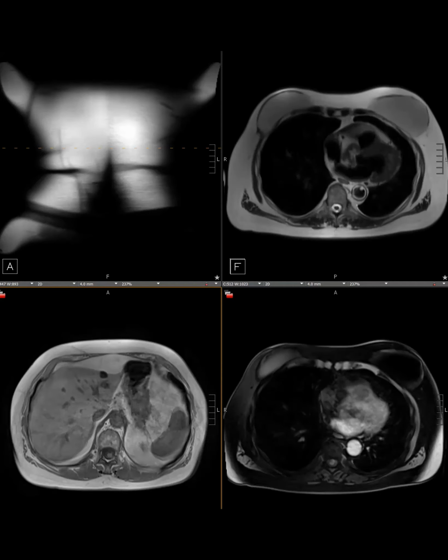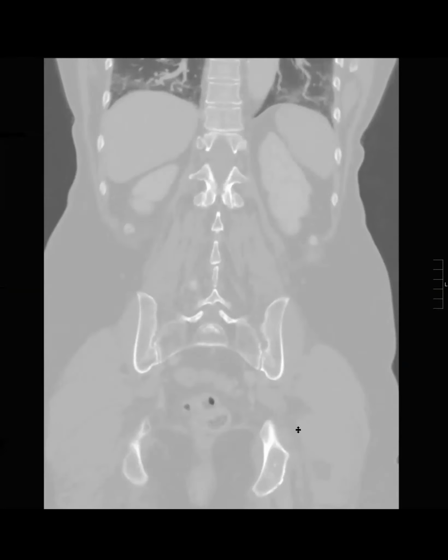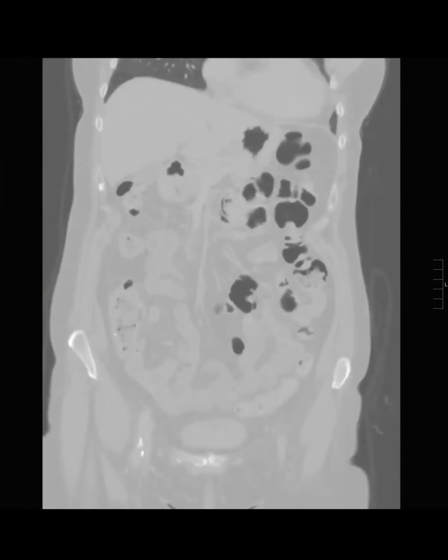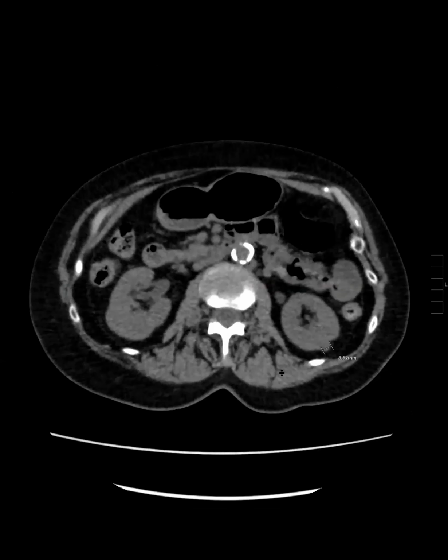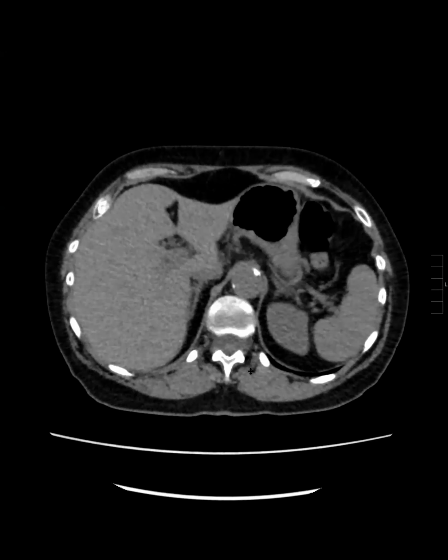Okay, great. So this first case is a patient who came in after a motor vehicle accident and had a pre and post CT through the ER. Hold on, is this the right one? Yes.